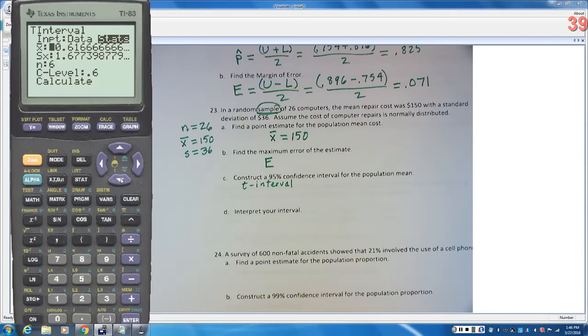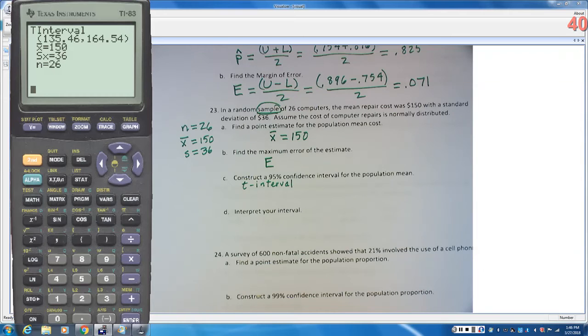We put in our X bar was 150, our S is 36, our N was 26, our confidence level was 95, and then we hit calculate.